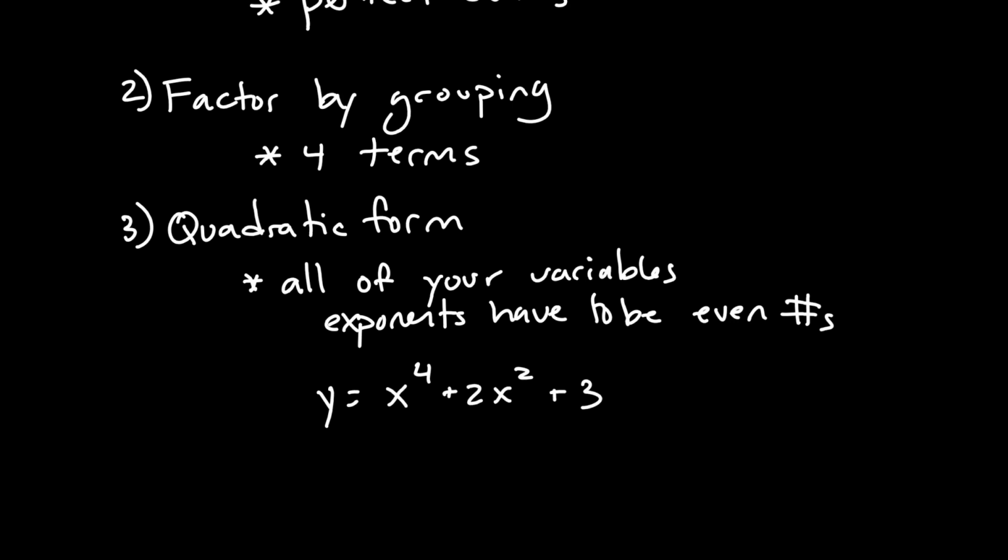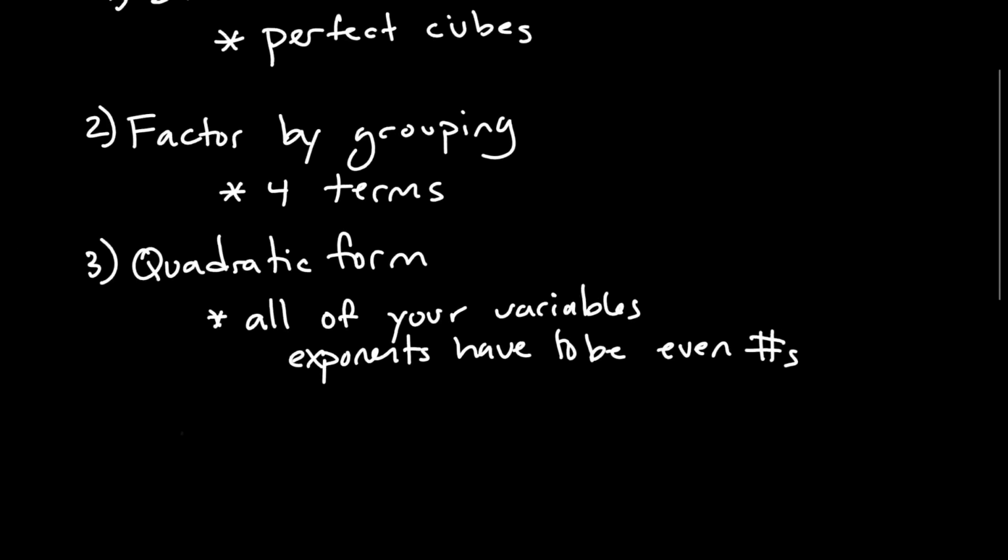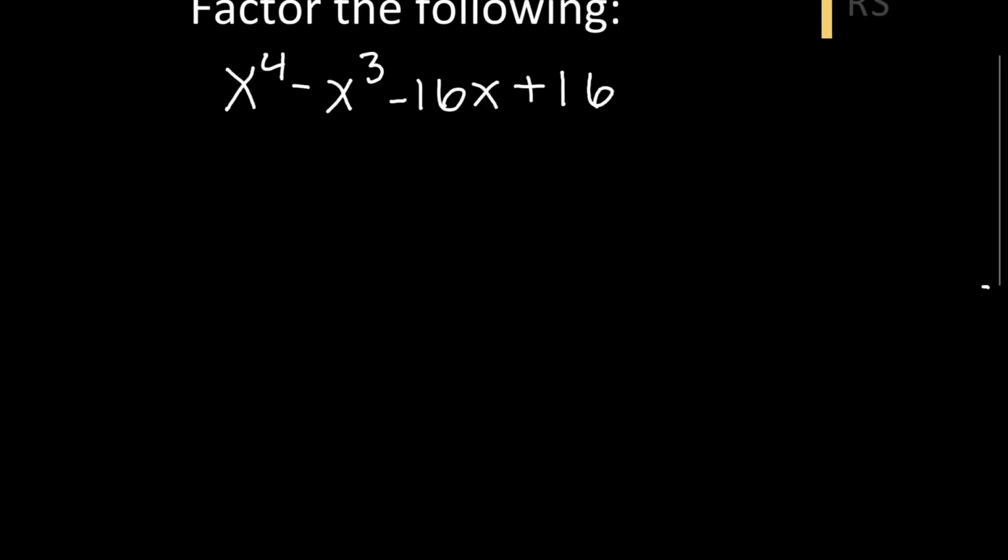If this had been this instead, can I use quadratic form? If I erase the square, it's not even. So I couldn't replace this with another variable that makes it a quadratic. We won't be that mean to you, though. But that's just for you to know.